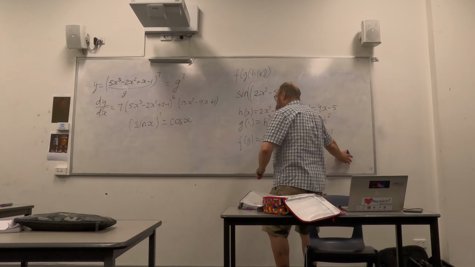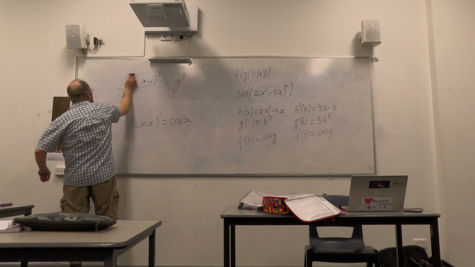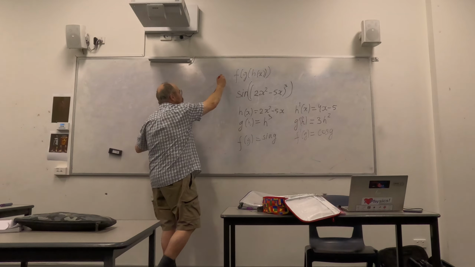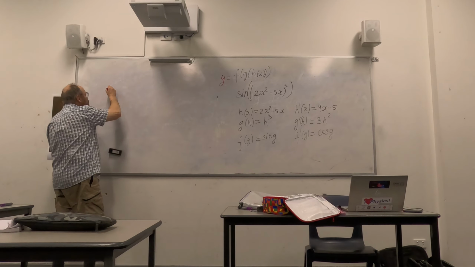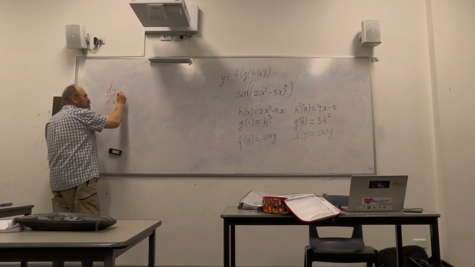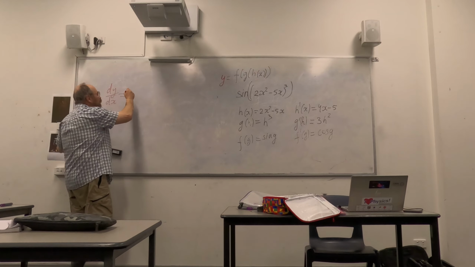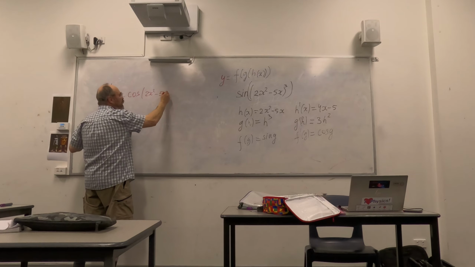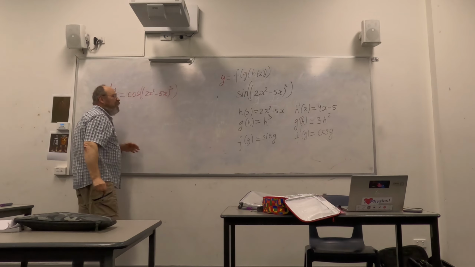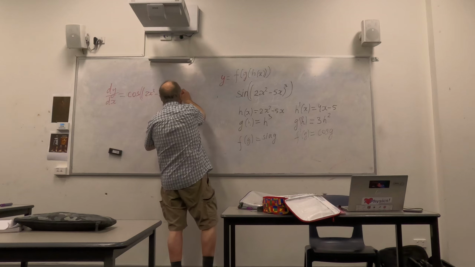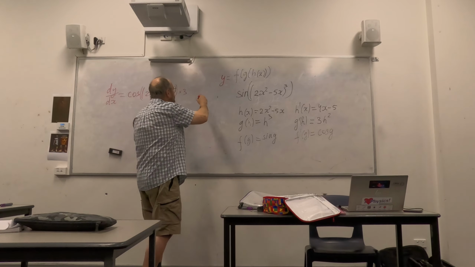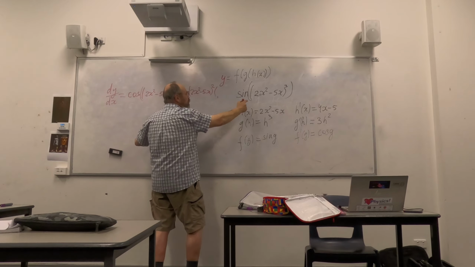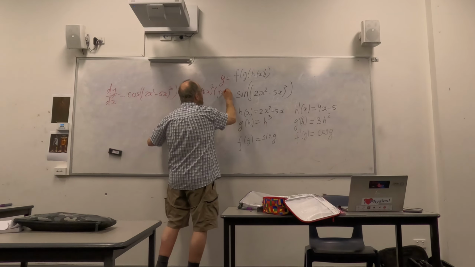Let's put it all together. We will have that dy over dx, if this is y, equal cos of the whole thing, cos of 2x squared minus 5x cubed, times 3h squared, so times 3 times 2x squared minus 5x squared, and times the last derivative 4x minus 5.